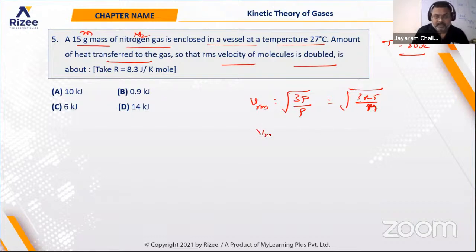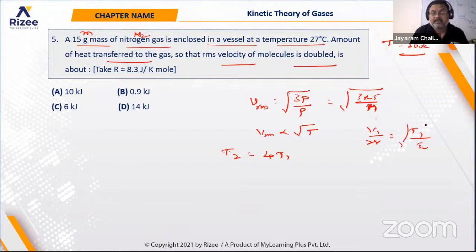From this, V_rms is proportional to the square root of temperature. In the sense, the next temperature, that is T2, is equal to 4 times T1, since the velocity is doubling, that is V1 by 2V1 is equal to the square root of T1 by T2. From this, T2 is equal to 4 times T1.